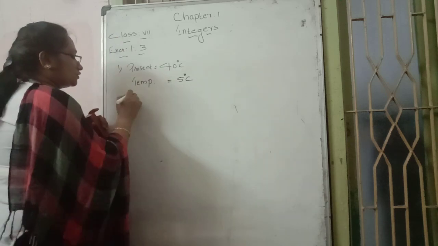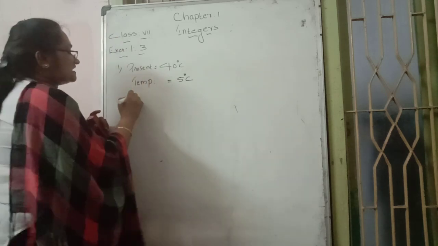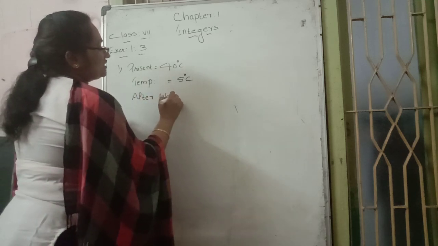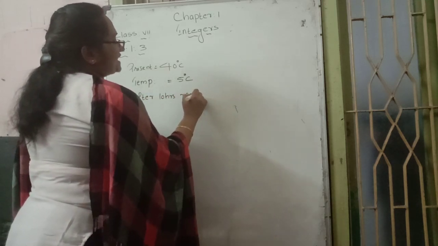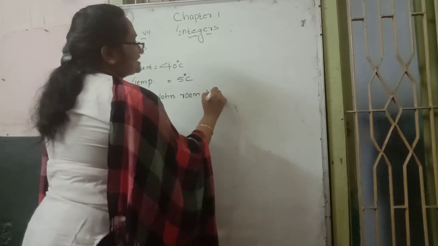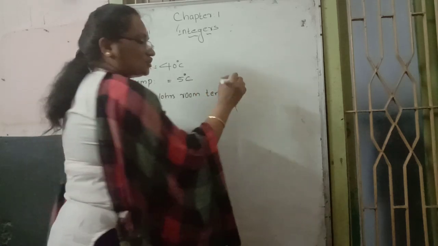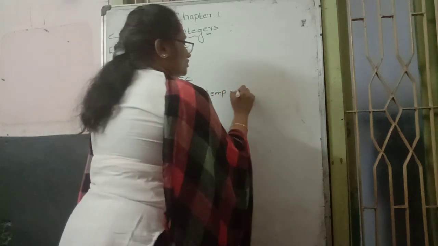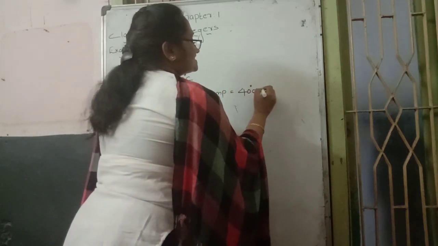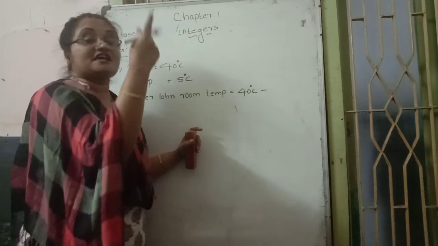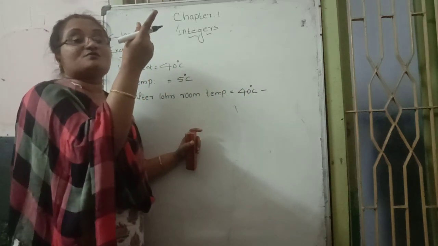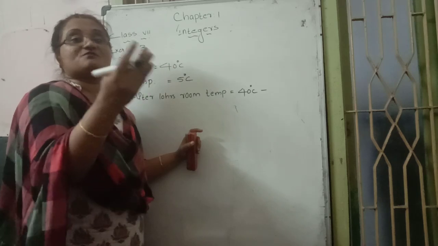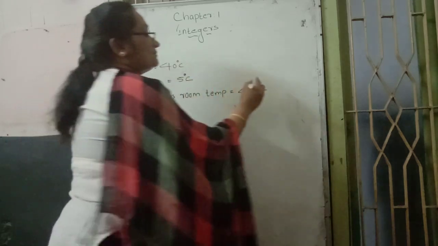So the room temperature after 10 hours, that is equal to the present temperature subtracted with the reduction. Temperature reducing means subtraction is happening.